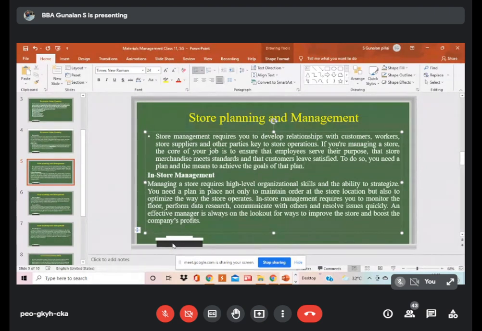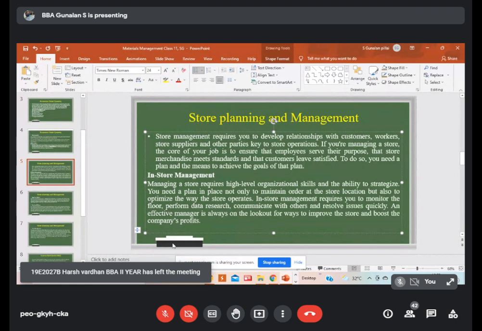Store management requires you to monitor the floor, perform data research, communicate with others, and resolve issues quickly. If any problem occurs in a store, it has to be resolved quickly. An effective manager is always on the lookout for ways to improve the store and boost company profit.